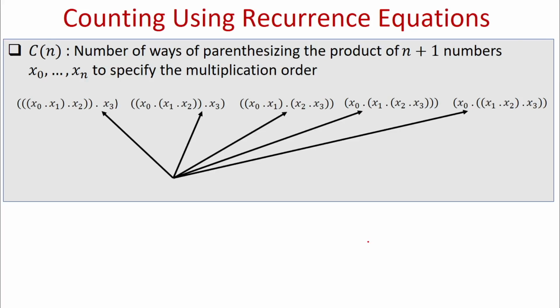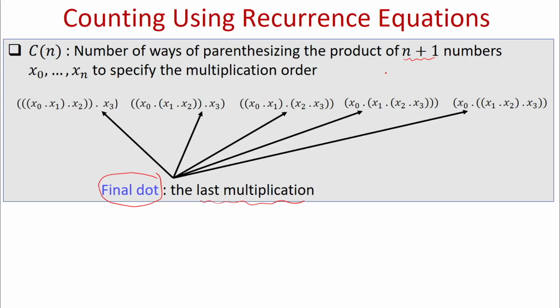Same thing we will do here. To break a problem instance where we are given the task of sequencing n plus 1 numbers into the task of sequencing a smaller number of values, I focus on the final dot, namely the last multiplication which needs to be done in any sequencing for this sequence of n plus 1 numbers.